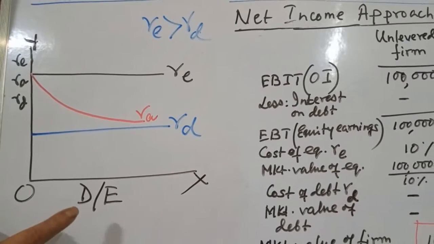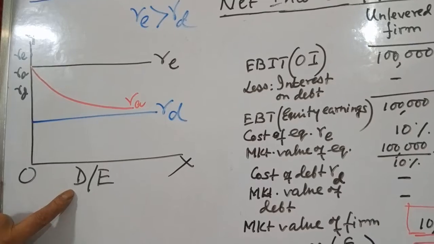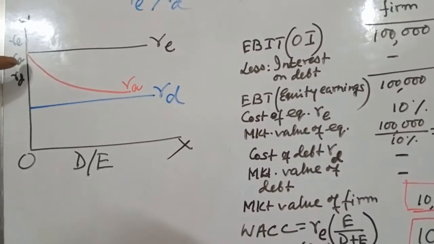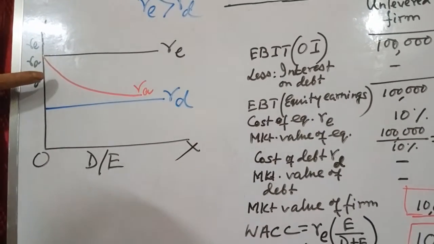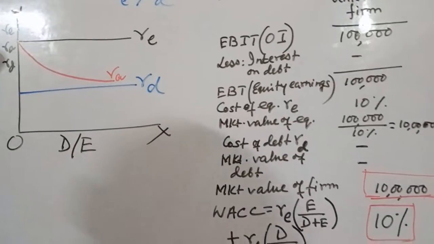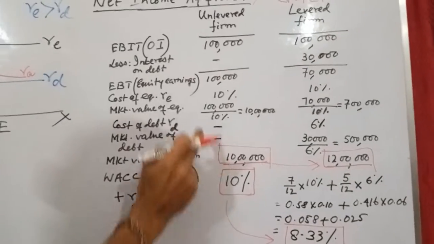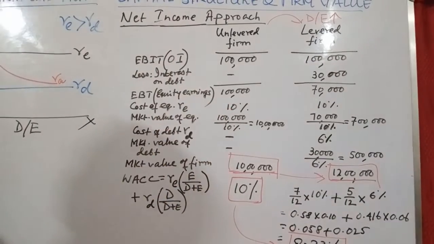So whole is cost of equity. So RA, that is weighted average cost of capital, is equal to RE, as we have seen in case of this unlevered firm. And WACC is equal to cost of equity at this point.